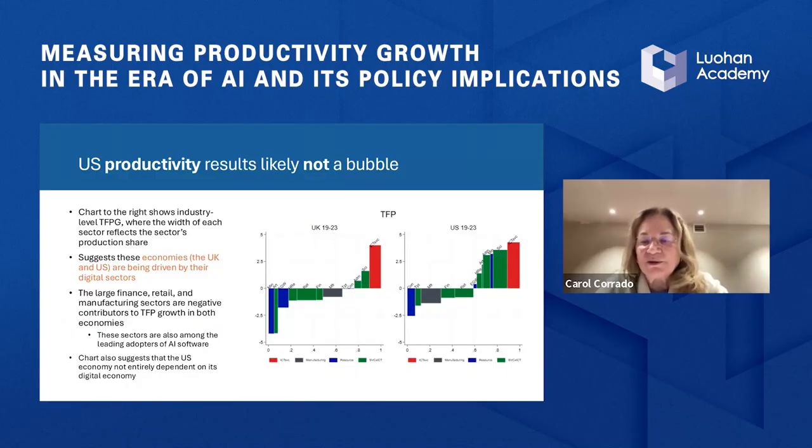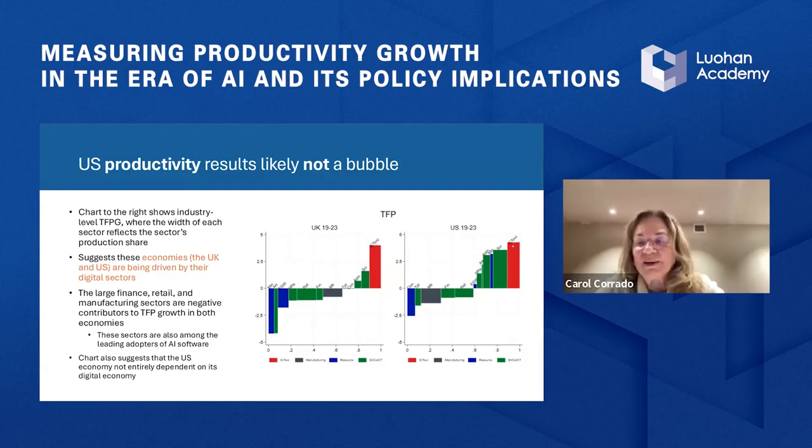The chart on the right shows the industry distribution, where the width of each industry is its size. The US is being held down by negative contributions in manufacturing, finance, and retail, all of which are among the leading adopters of AI, and I don't think any cost savings have shown through yet. So I think there's a lot to come there.